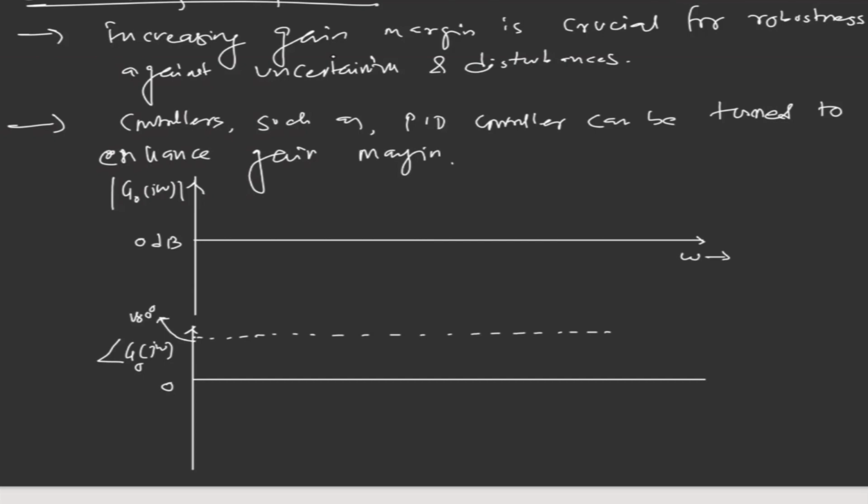And we have, let's say, another line in between. And this is 90-degree line. And below 0 degree, we have minus 90-degree.